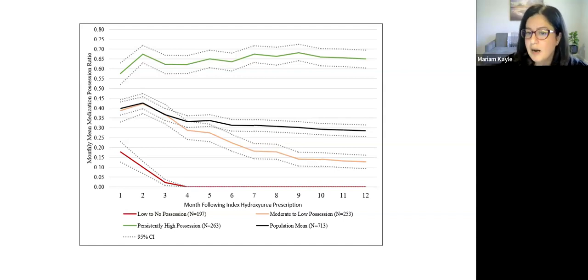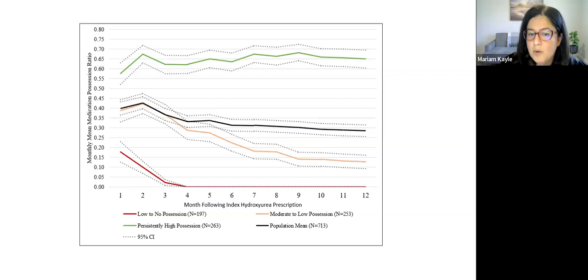This is considered high adherence to medications. The orange group started at about 40%, but then it drops down to about 10%. And the red group started lower than the 3 at 15%, and it drops down to 0.